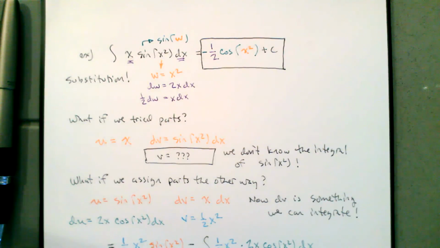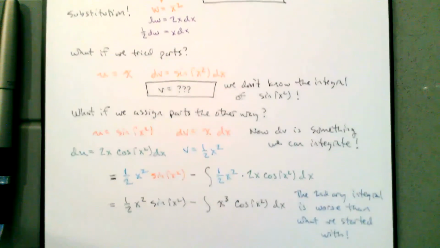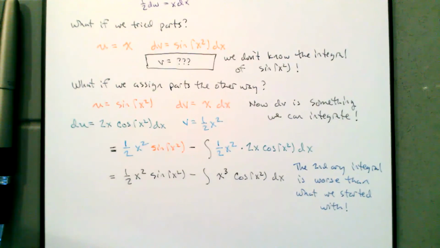So even if you miss the substitution at the beginning, if you try parts, dv has to be something you can integrate, which keeps you from trying to put sine of x squared over in the dv side, because we don't know the integral of sine of x squared. Assigning the parts the other way sometimes is the answer, but in this case, it's led us to an integral that's worse than what we started with.